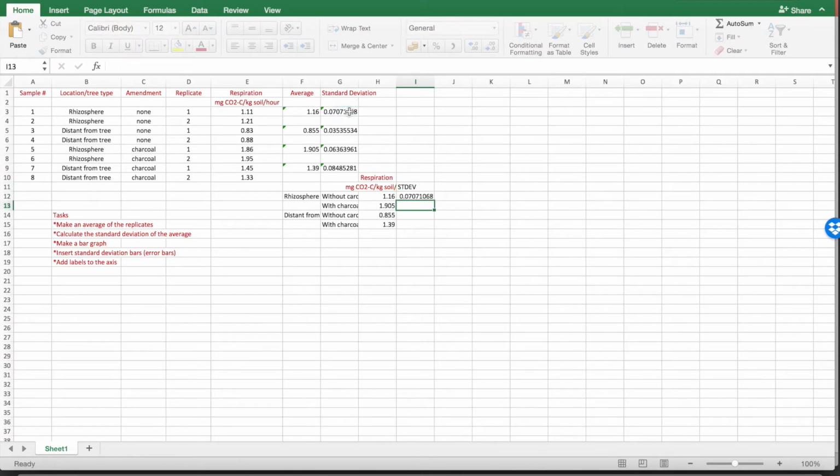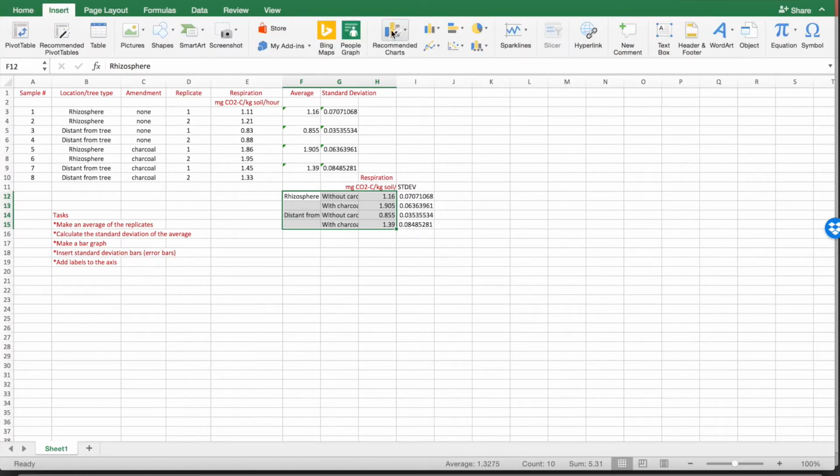Equal, select, equal, select, equal, select. Note that I'm here building this new table in a different order from my original table, right? So that's why we need to be careful here. Okay, so now we have the table with the means and the standard deviation for each sample set, and I'm going to select this data and create the chart.